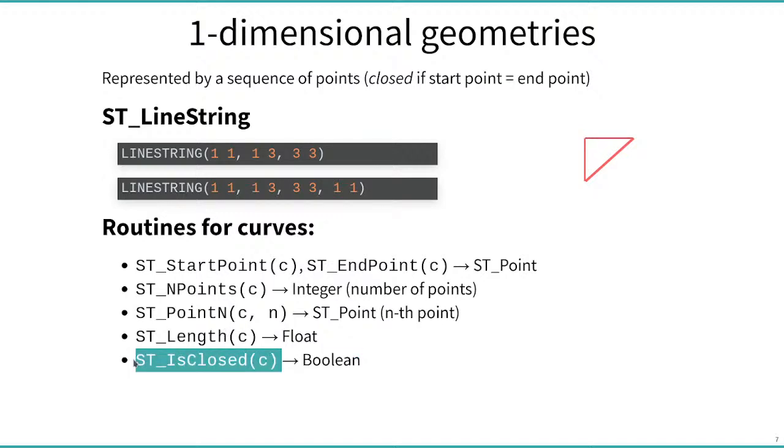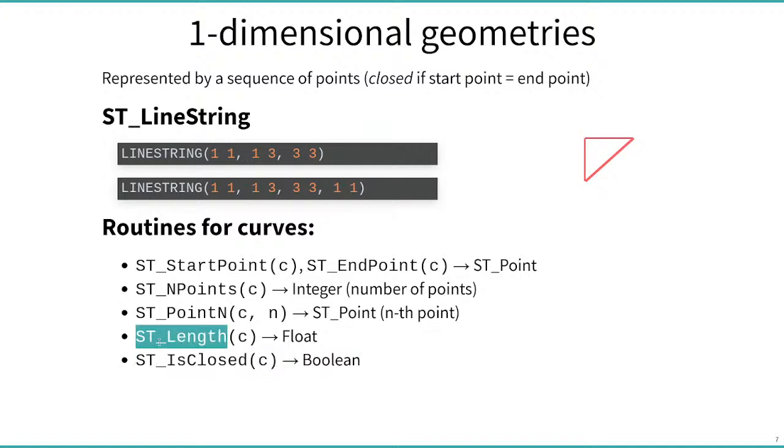With the is closed routine, you can compute the length. So that's basically the distance between the first point and the second point, plus the distance from the second to the third, and so on, to the last point. And for a closed one, the last point is again the first point. So this distance would be this plus that plus that.